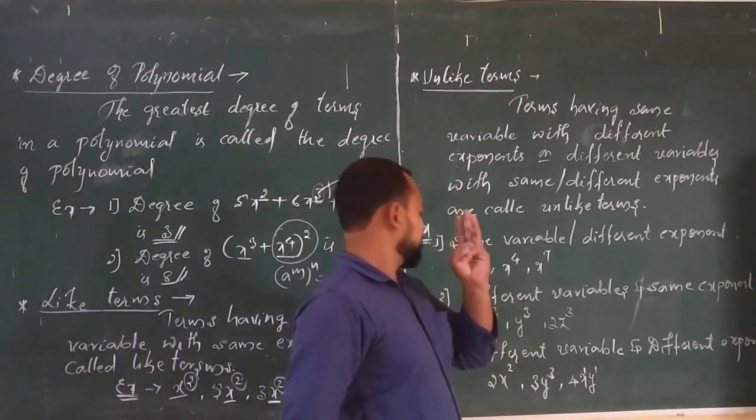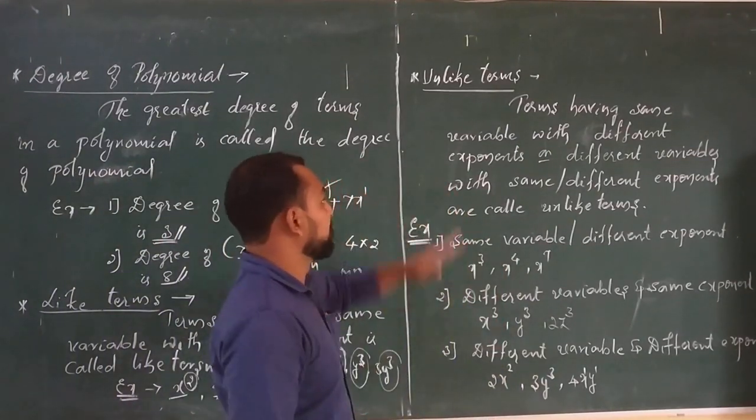Then unlike terms. Three conditions are there in unlike terms. What are unlike terms?